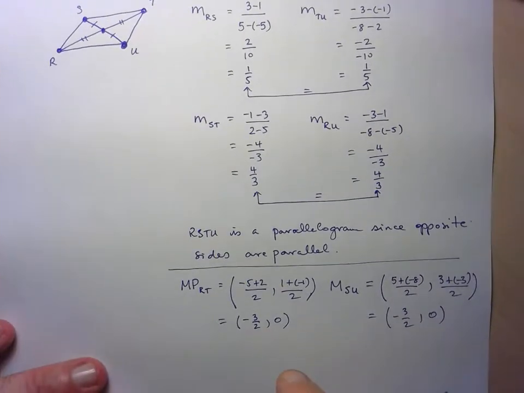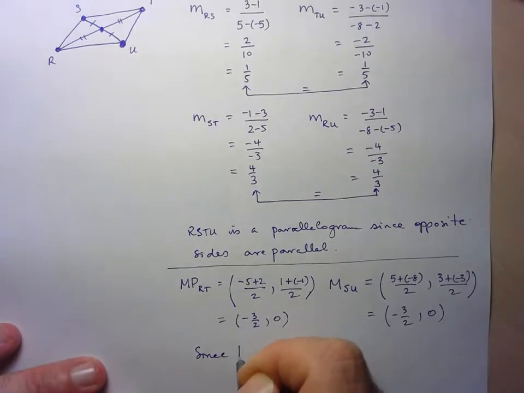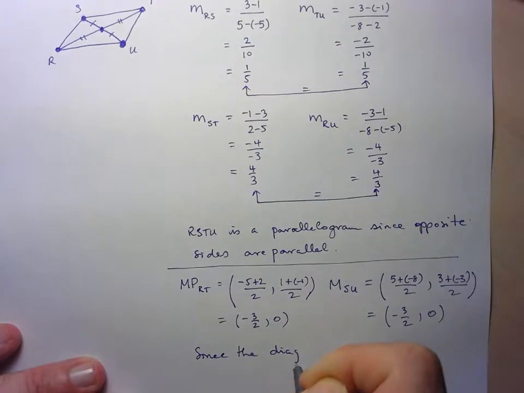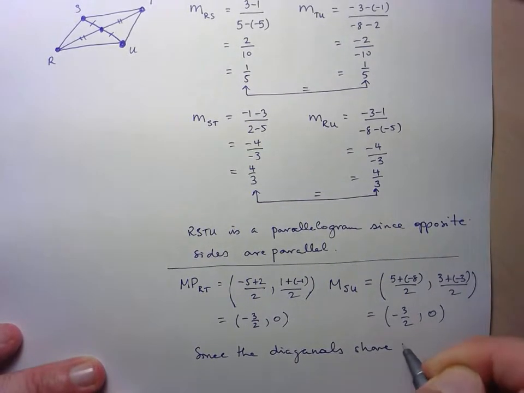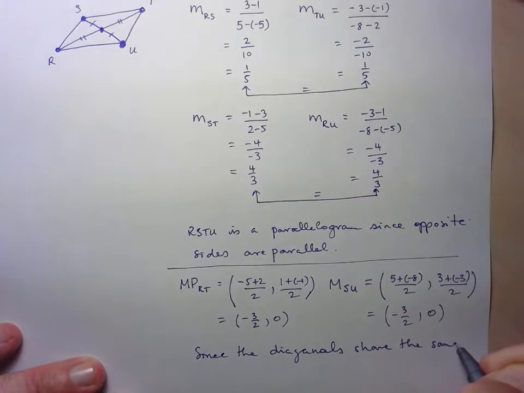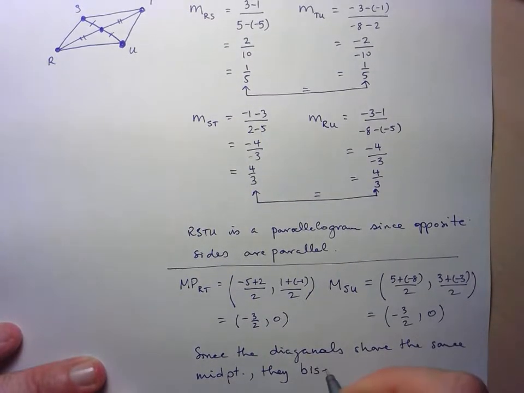Okay, so here we can say, since the diagonals share the same midpoint, they bisect each other. So they cut each other in half.